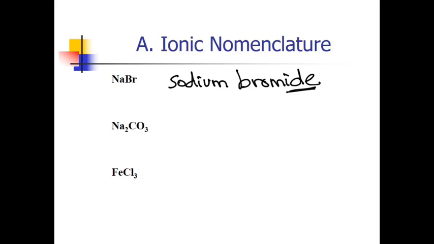I go back and I look at my metal and I have to ask myself, is that a metal that needs Roman numerals? Well, sodium's in group 1, so no Roman numerals for it. That's your final answer. In the next one, I see 3 elements: sodium, carbon, and oxygen. Automatically, you have to be thinking polyatomic ion. The majority of those polyatomic ions had negative charges, meaning they have to come at the end of your formula. So I'm going to look at the last 2 elements.